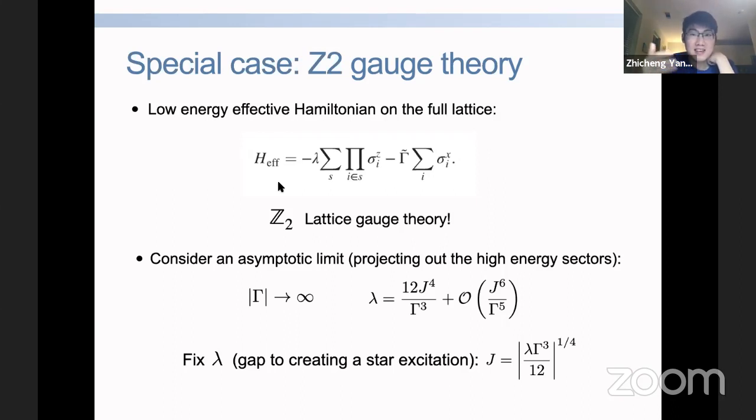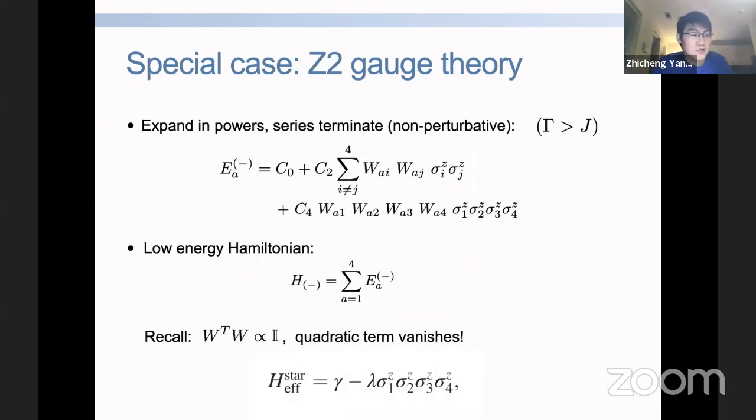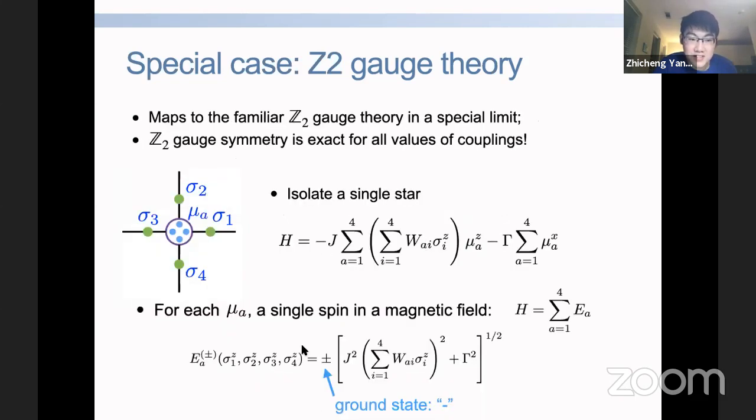Of course, I've chosen minus for all the sectors. So far everything is exact, but I can consider an asymptotic limit where I can project out precisely all the high energy sectors. This limit goes as follows. An excited sector corresponds to choosing plus instead of minus, right?